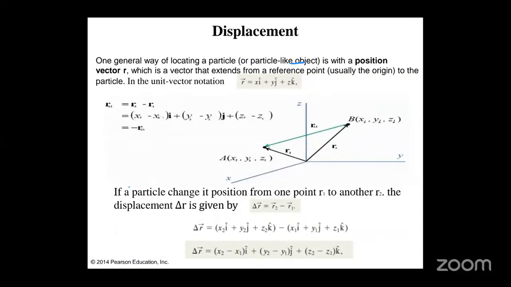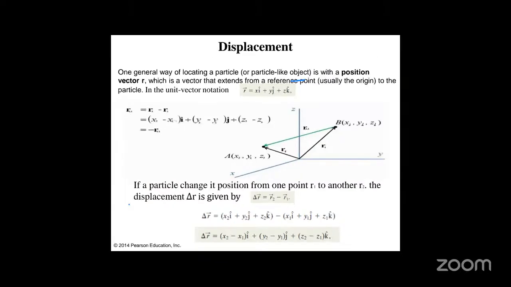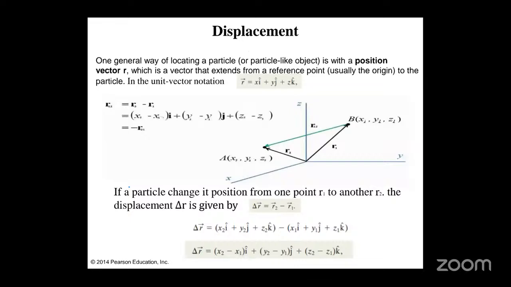So let's make progress. One general way of locating a particle or particle-like object is with a position vector r, which is a vector that extends from a reference point, usually the origin, to the particle.